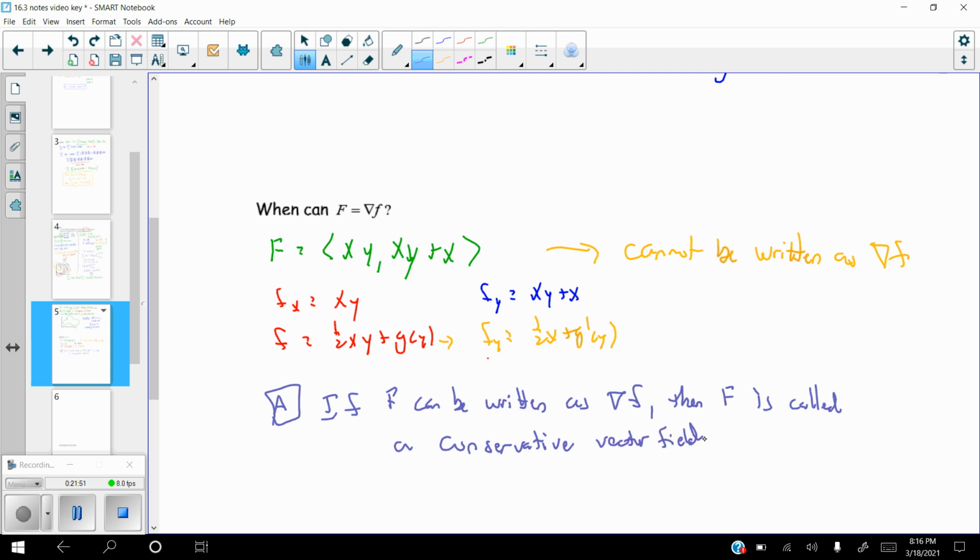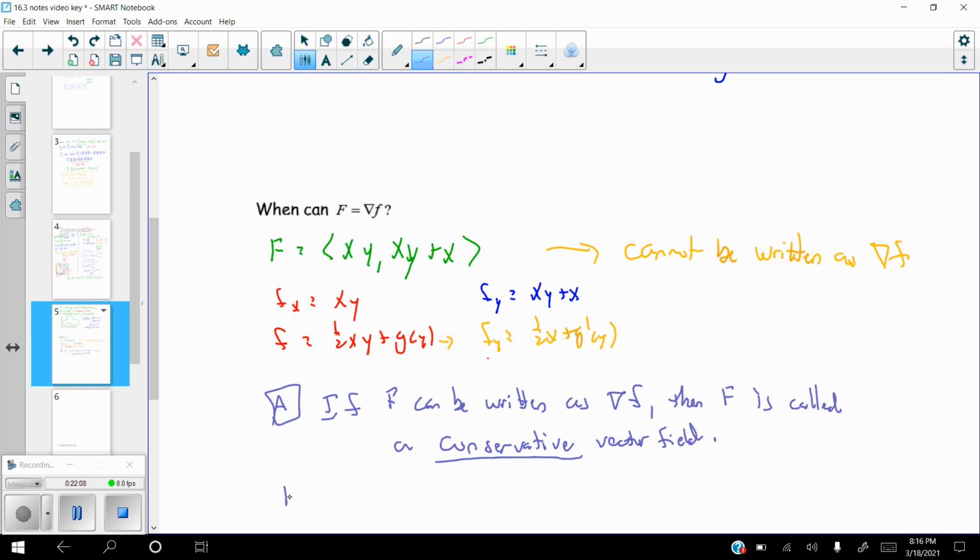So this kind of goes to that question that we had up in the top. If capital F can be written as the gradient of lowercase f, then capital F is what is known as a conservative vector field. Okay, that's the first part.